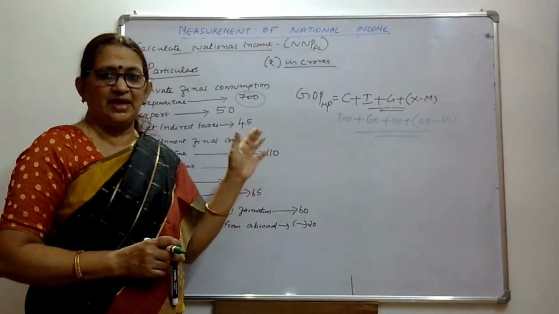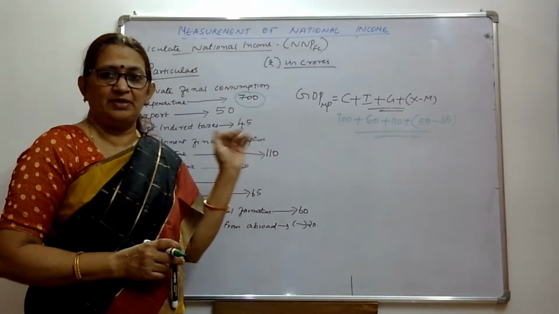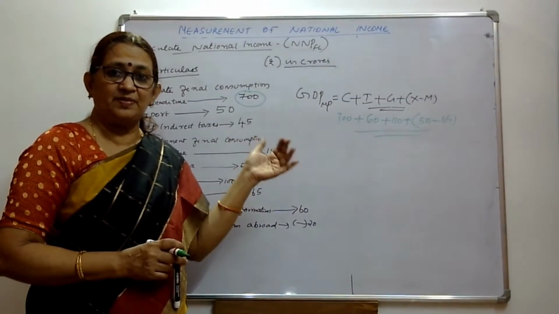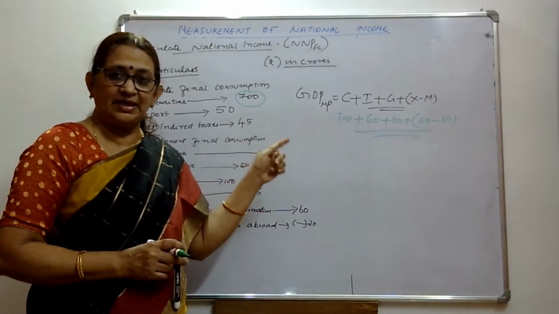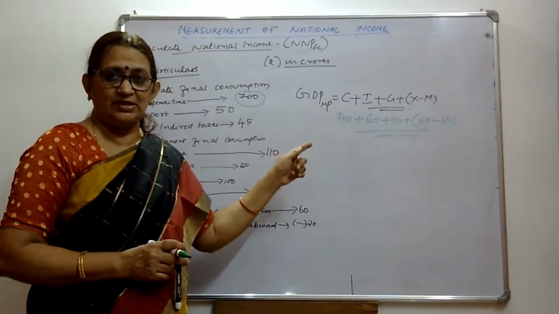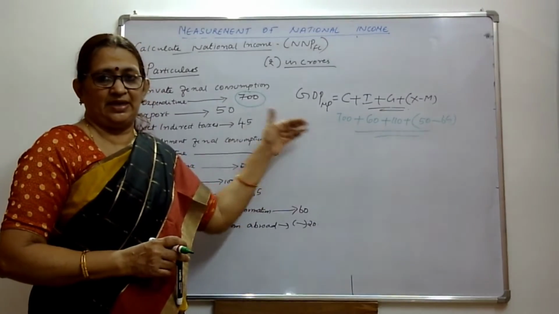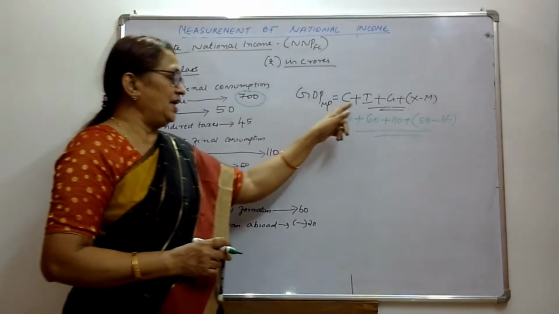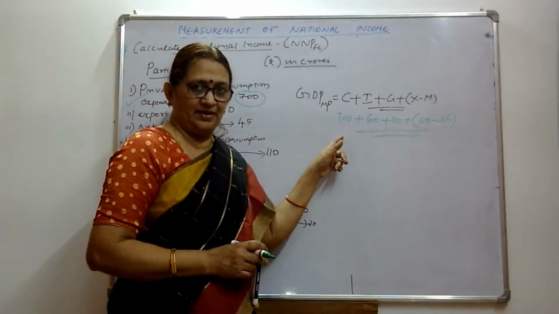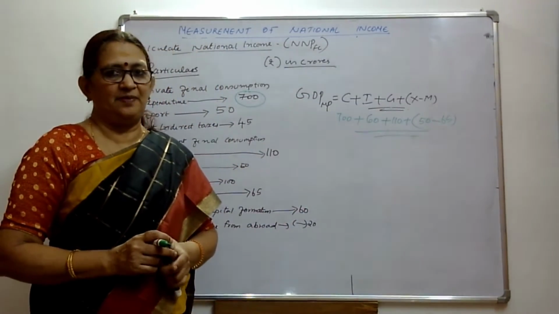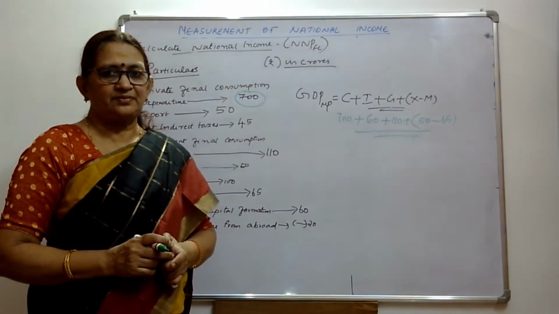Fixed investment is investment on plant and machinery. If that investment is given after deducting depreciation, then it will be net investment. Whether it is given as gross or net, we have to check, because if net investment is given, we will get NDP at market price, not GDP at market price.